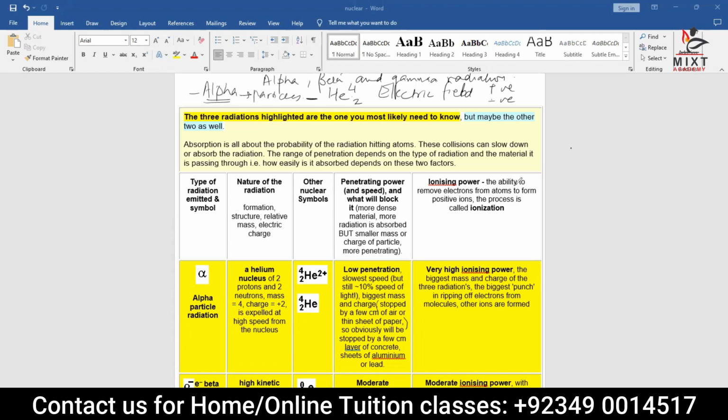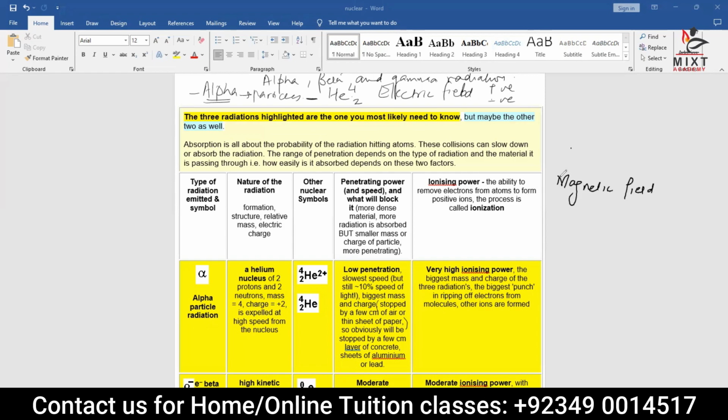Now next bullet point. Alpha particles also show deflection in the magnetic field.